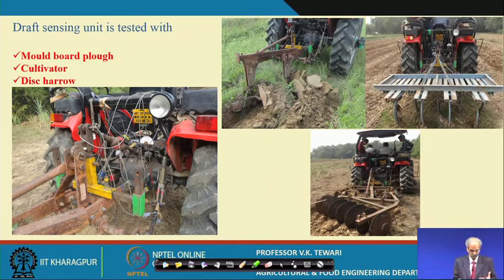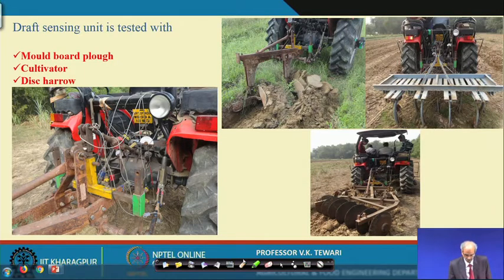So, these are the equipment, see, the mold board plow. The mold board plow is fitted here. You can see the operation of this mold board plow in this case here. Then the cultivator which is here, and then the disc harrow which is here. So, these are the locations where these draft sensing units are tested under actual field conditions.